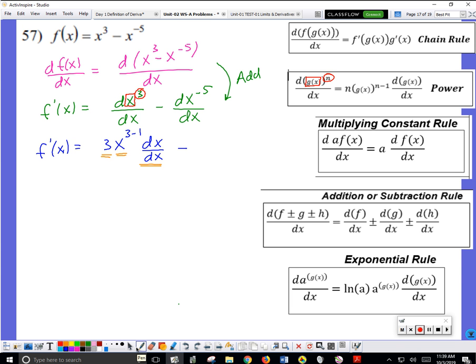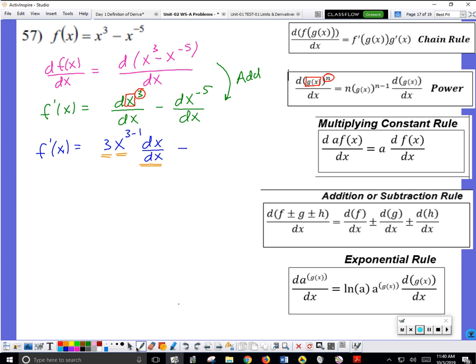Hands up. What rule gets used here? Hands. What rule do I use here? Let's go, Sarah. Power rule again. So what's g and what's the n? -5. Oh. No worries.